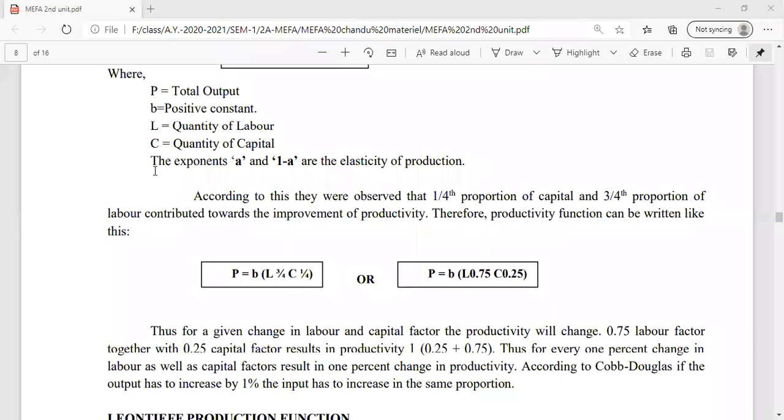I have just doubled, but the production has not only doubled, it is more than double, right? I have doubled my input labor and capital. Actually, the output also has to be doubled. Previously it is 50 bags of paddy. Now it has to be 100, but it is unfortunately 120. That is called the law of increasing returns to scale.